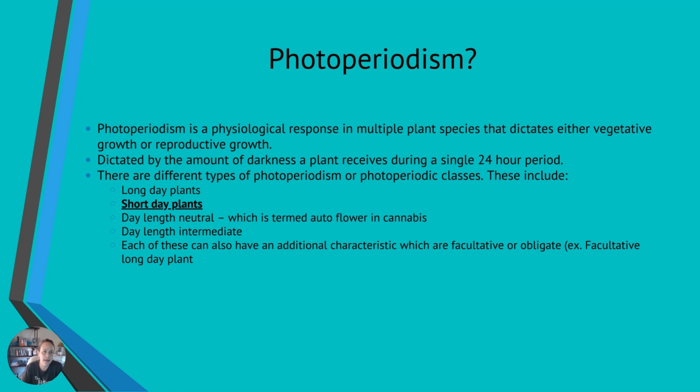It's dictated by the amount of darkness the plant receives. And if we're talking photoperiodism in general, there's long day, there's short day, there's day neutral, there's obligate, there's lots of different types. But what we will focus on, of course, is the short day plant.